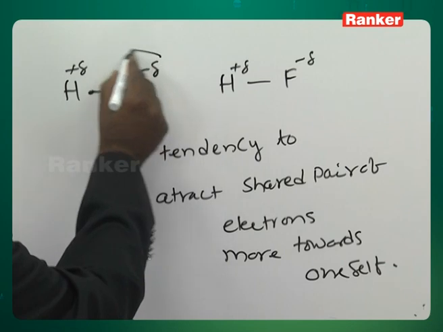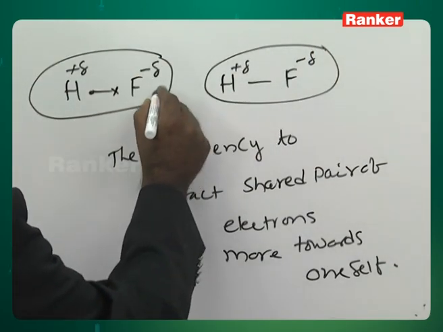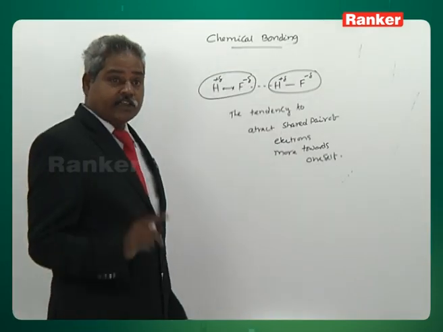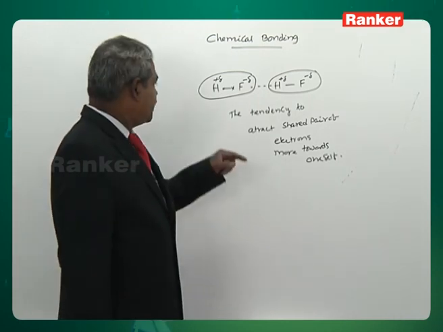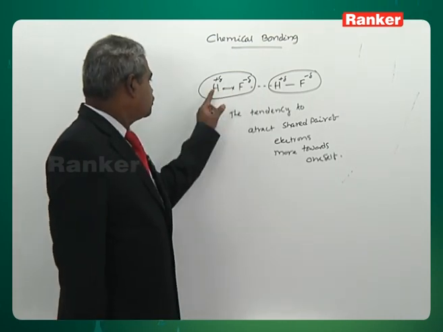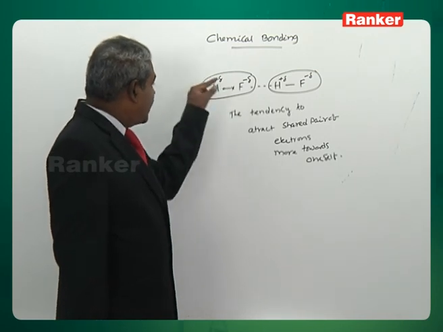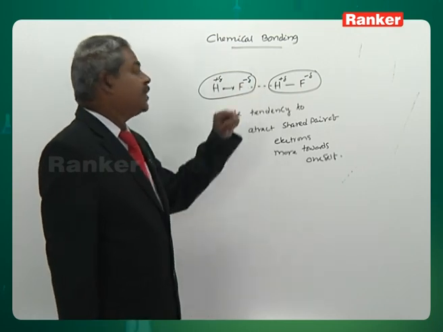So, between these two molecules, a strong force of attraction is developed. It is attraction between molecules. Until now we have been discussing attraction between atoms only, the bonds inside a molecule. Now we are discussing an attraction outside the molecule.